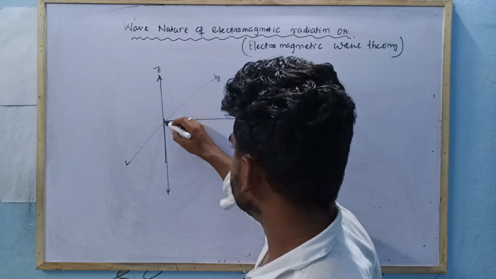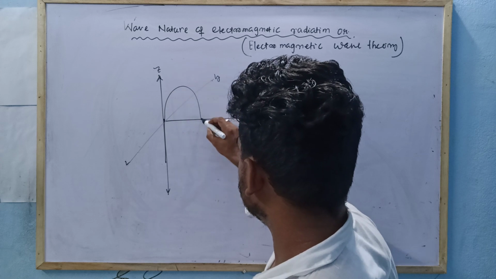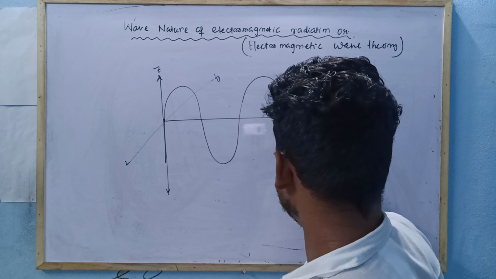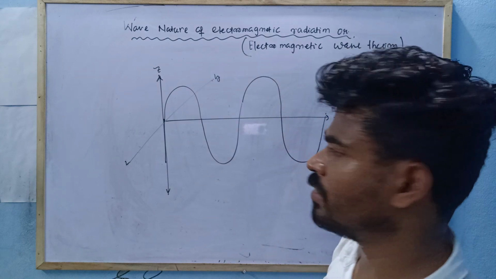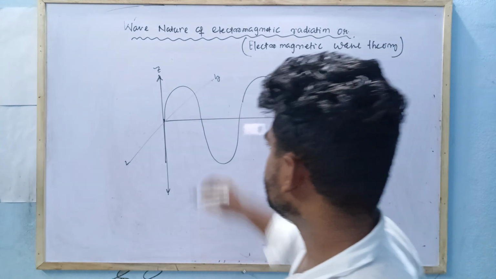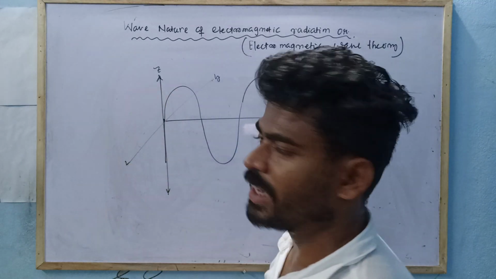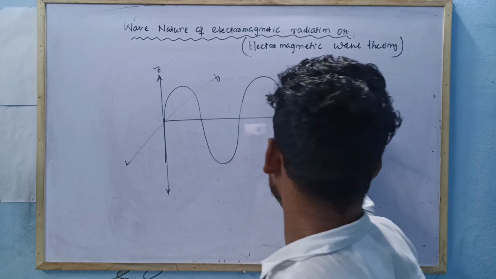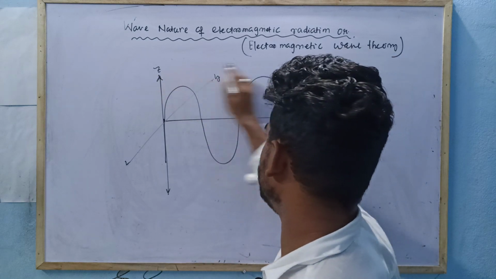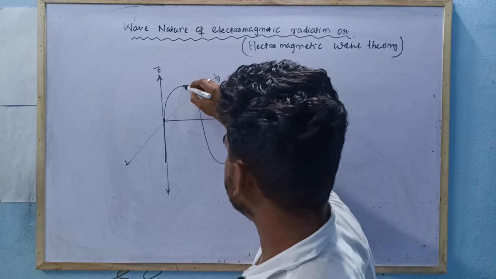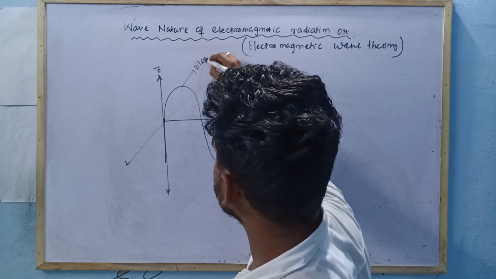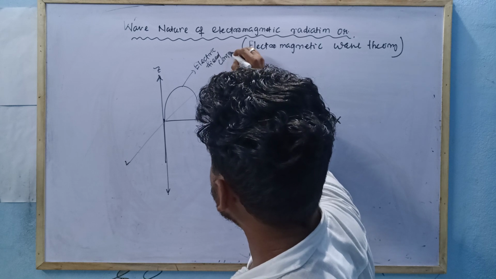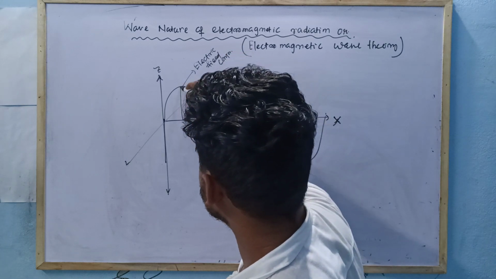Electromagnetic radiation possesses wave nature, and this component that is parallel to the z axis, generally present in the zx plane, is your electric field component.